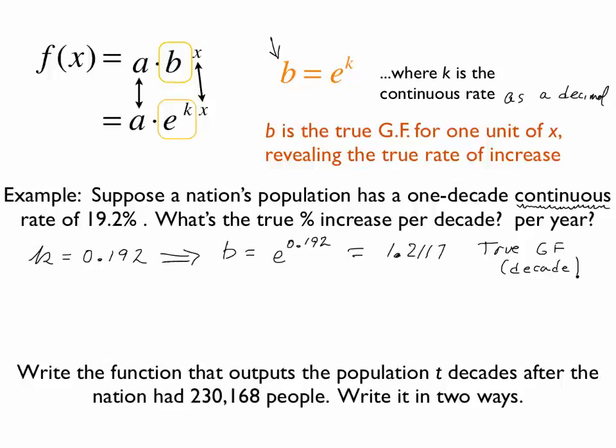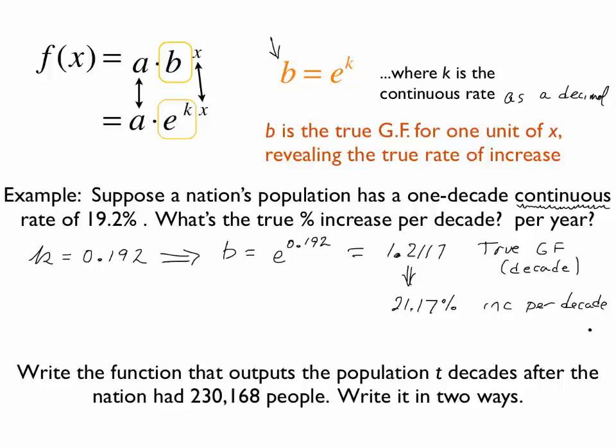Therefore, what's the true percent increase per decade? 21.17. So a continuous rate of 19.2% means a true percent increase of 21.17%.